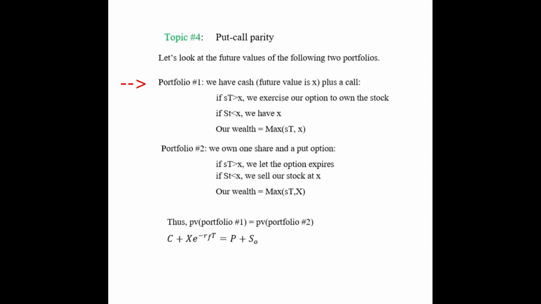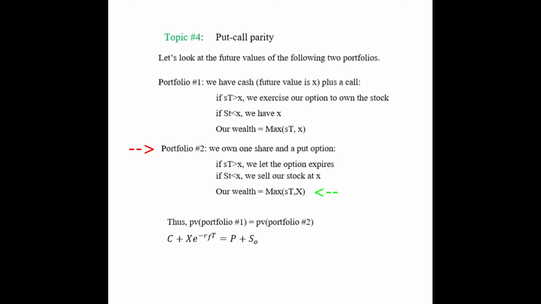Portfolio number 2, we own 1 share and a put option. When the stock price is higher than X, we let the option expire. If the stock price is less than the exercise price, we sell our stock at X dollars.